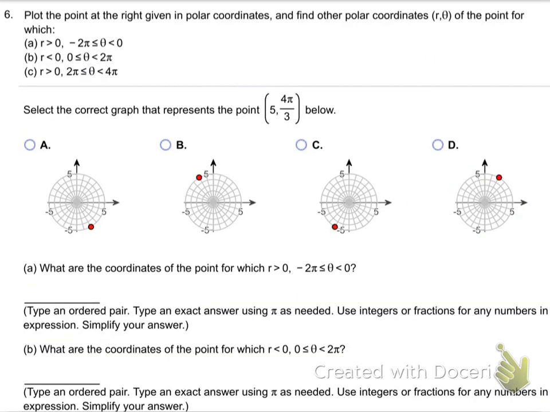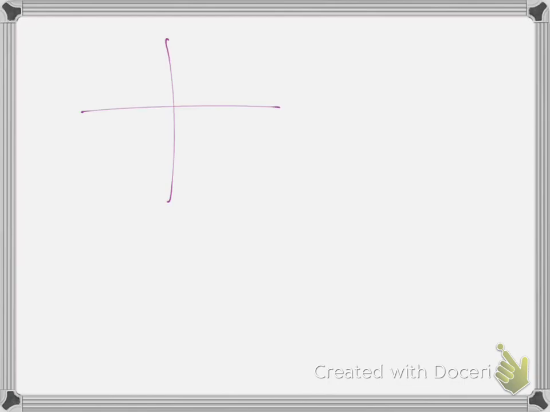So, plot the point and find other polar coordinates for which that's true. In other words, if you think about it, in this system, there's more than one way to say the same point. What am I talking about? Let me show you. What if I wanted to say straight right 3? How could I say that in polar coordinates? I could say 3, comma, 0 degrees, right?